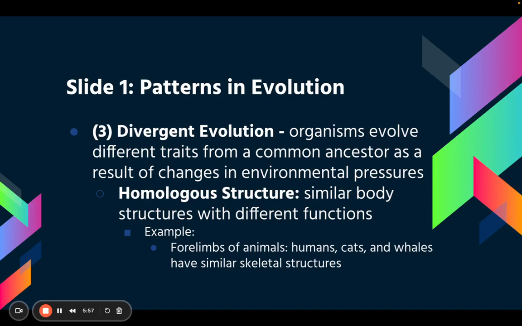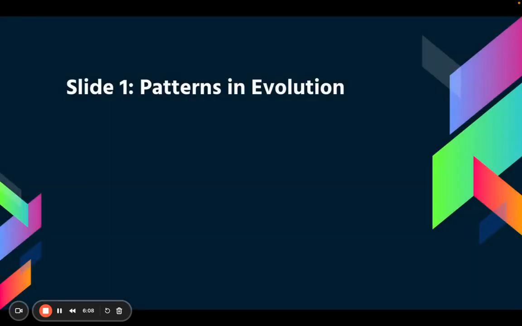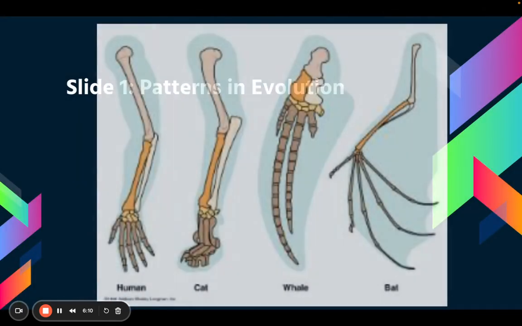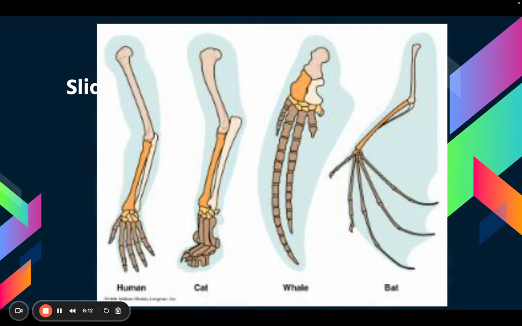For example, the forelimbs or front limbs of animals like humans, cats, whales, and bats are an example of both divergent evolution and homologous structures. They are an example of divergent evolution because all of these organisms share a common ancestor.